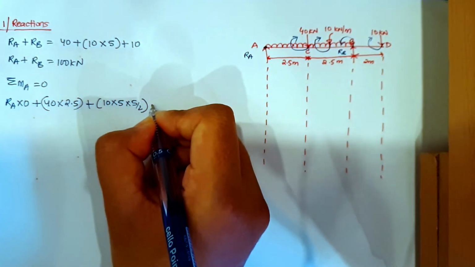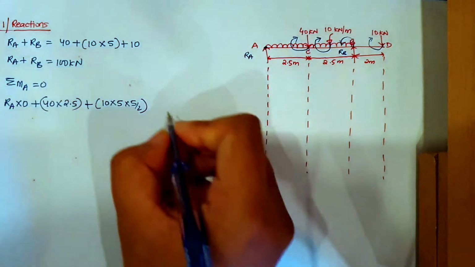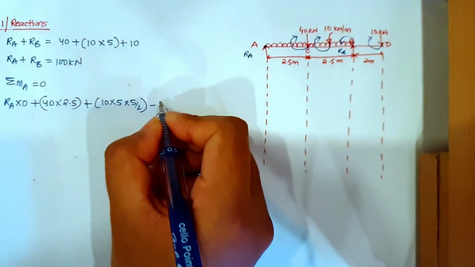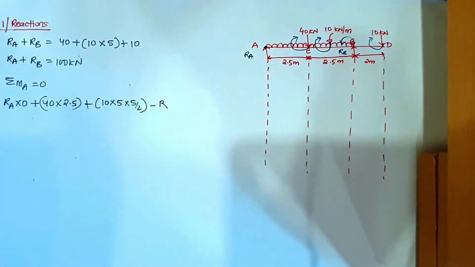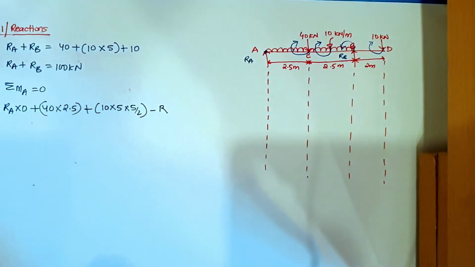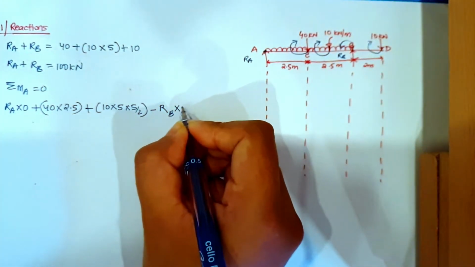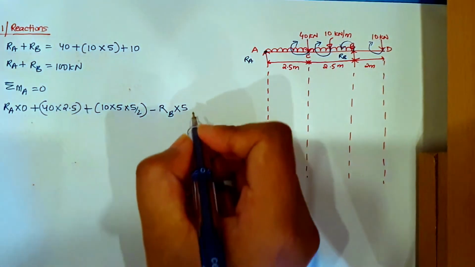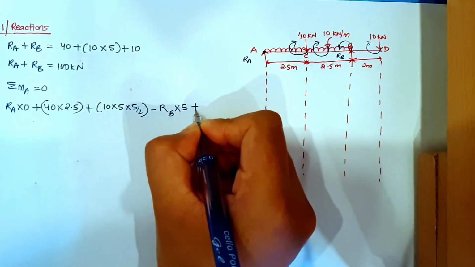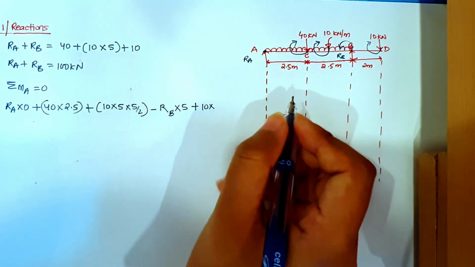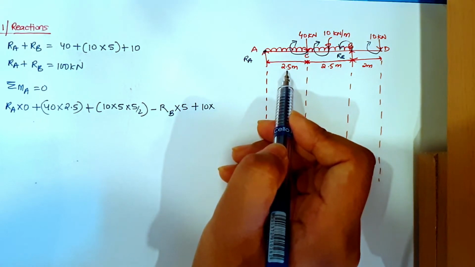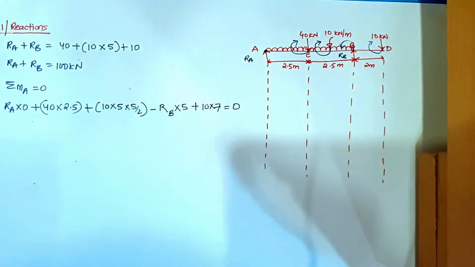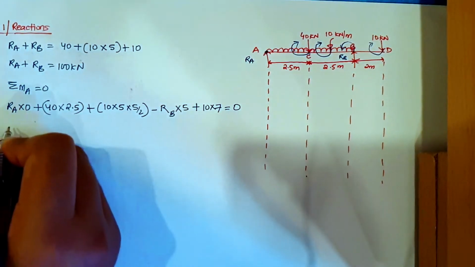Then I have RB going in an anti-clockwise direction, so minus RB into 5, then plus 10 into the total distance, which is 2.5, 2.5, 5 plus 2, 7. 7 equals 0.